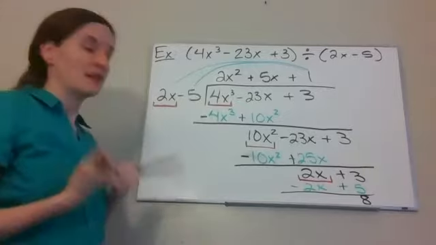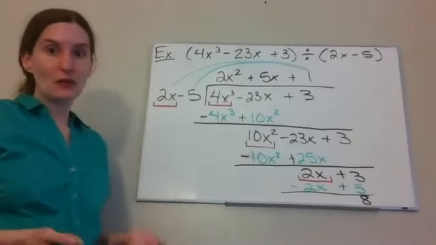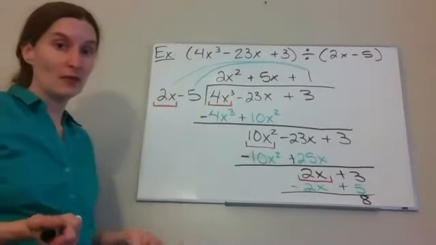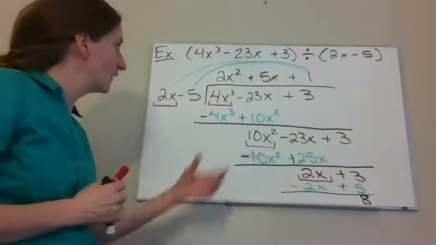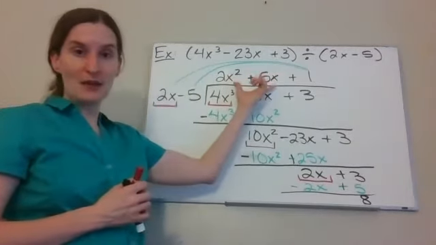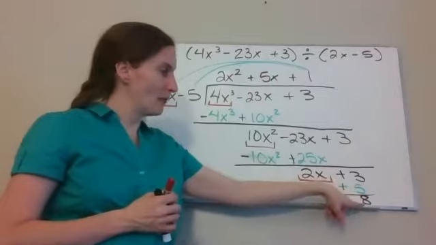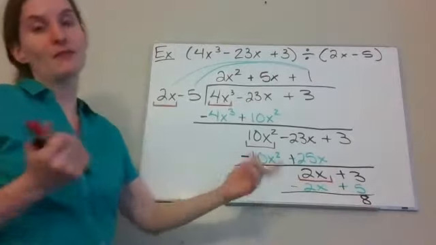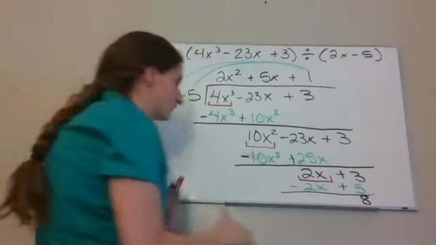So now the question is, how do we even write our answers to these types of problems? And the answer is everything that we have up on the top here, plus my remainder divided by the thing I was dividing by.